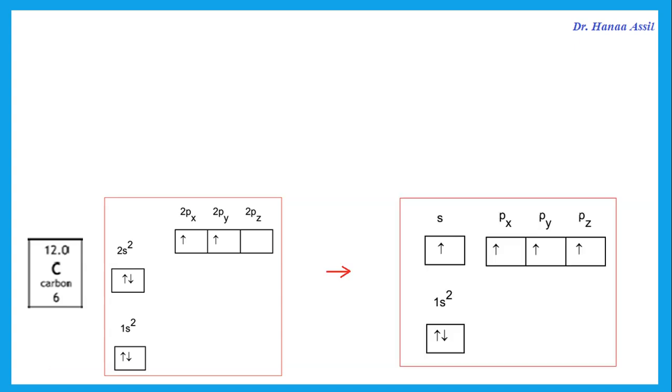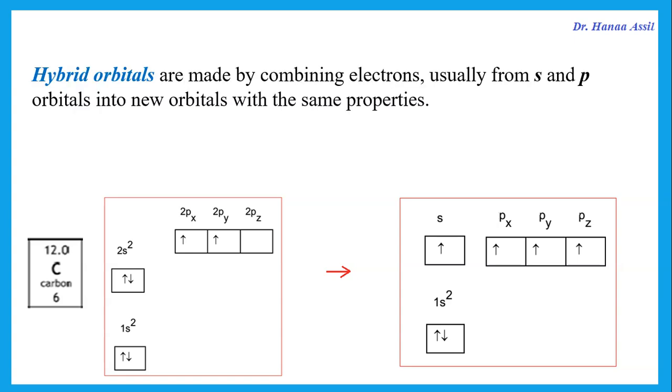So it was decided that we're going to mix up the orbitals in the 2s and the 2p, and we're going to distribute all the 4 electrons into the s and the 3p, and regard the s and the 3p as equivalent orbitals. These are called hybrid orbitals.